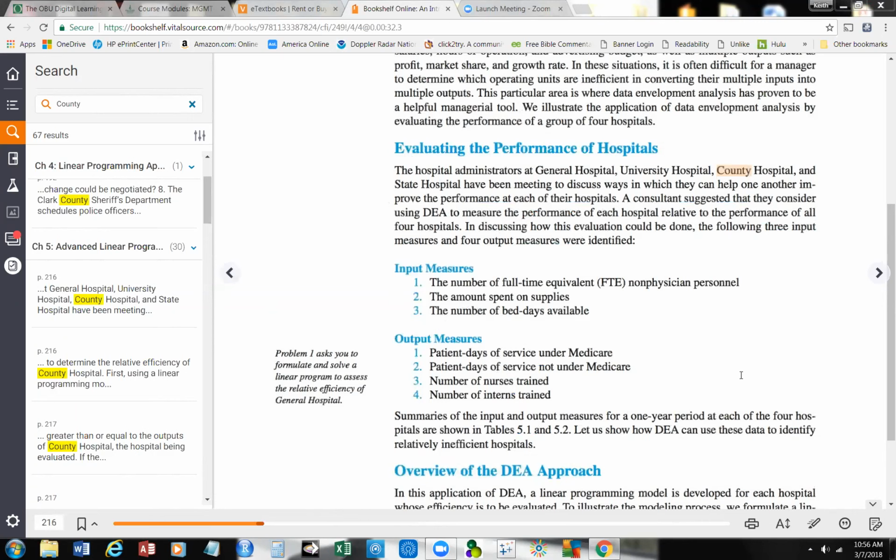So we have some input measures and output measures, and as I say in all of these cases, the key part of management is not just throwing the data into this tool and using it. The whole idea is that data envelopment analysis follows what we call a methodology, an approach.